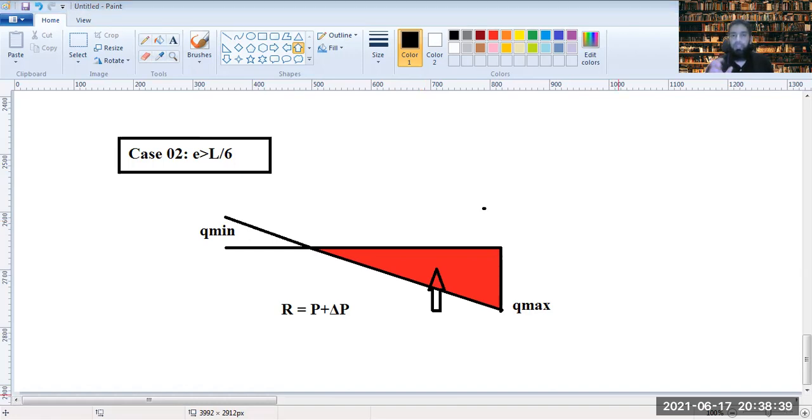It's very important that we have a collinear line of action of the resultant soil reaction, that's R, with the eccentric load, that's P plus delta P, which is acting from the top.